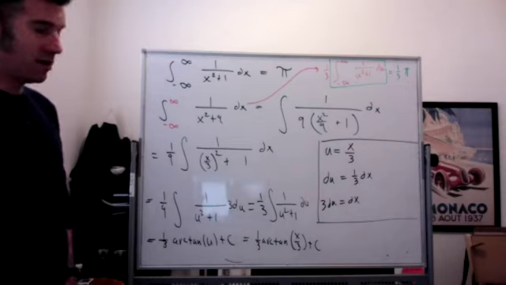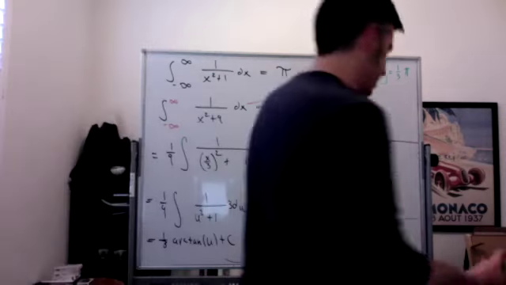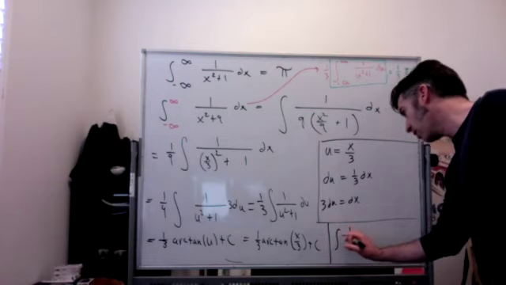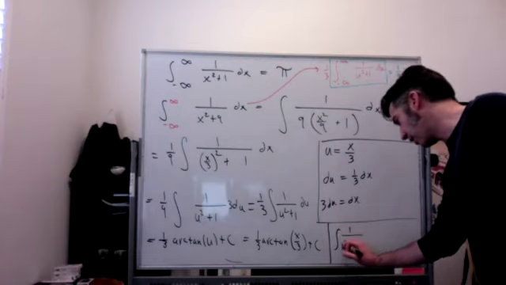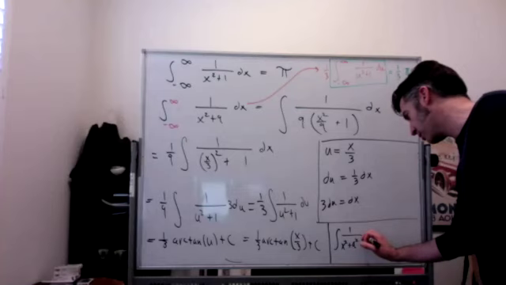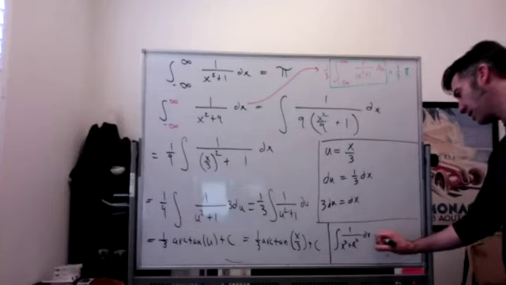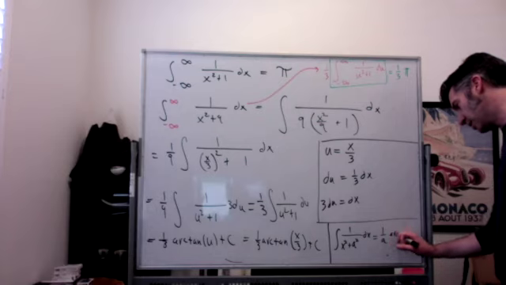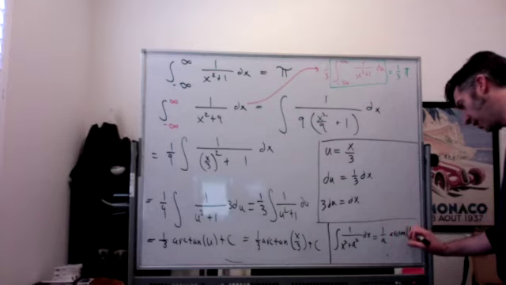So there's a general formula for this, and it's definitely in the book. If you integrate 1 over x squared plus a squared dx, the integral is 1 over a times the arctangent of x over a plus c.